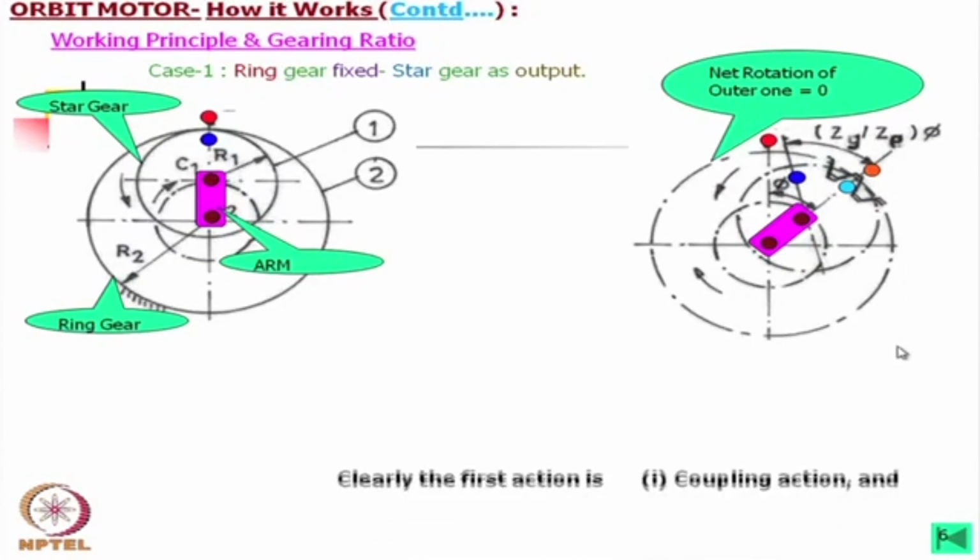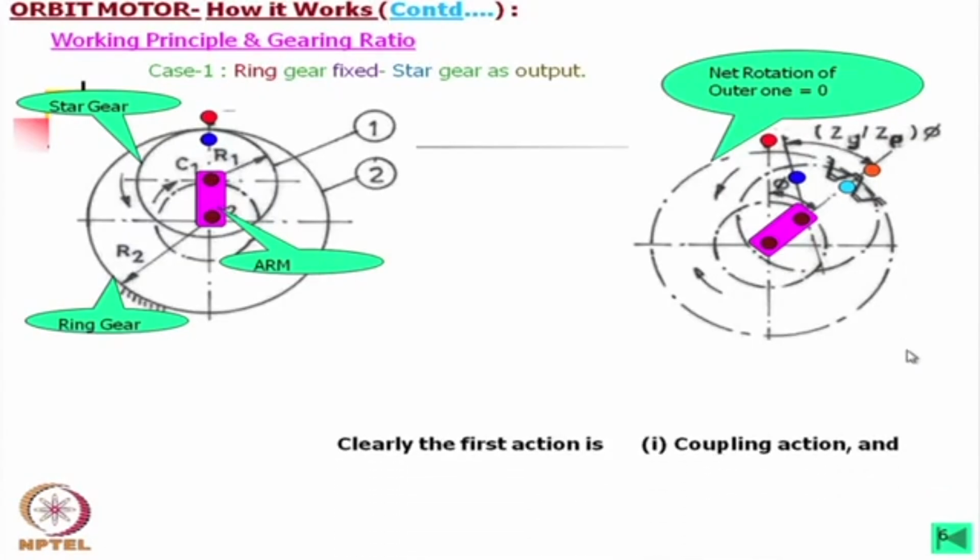Then what we find is that the first action we have given is the coupling action, and the second action is the gearing action. That is what we have done in this phase: the gearing action. In all such machines, you will find that the gearing action is actually happening in the opposite direction, and it is happening simultaneously.